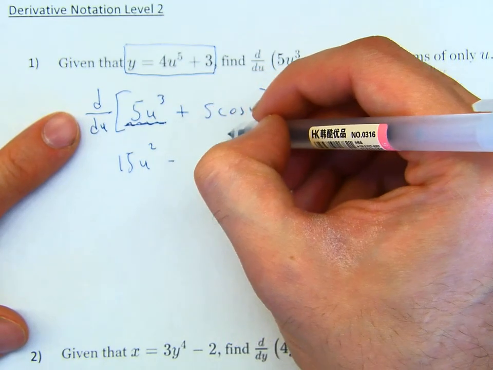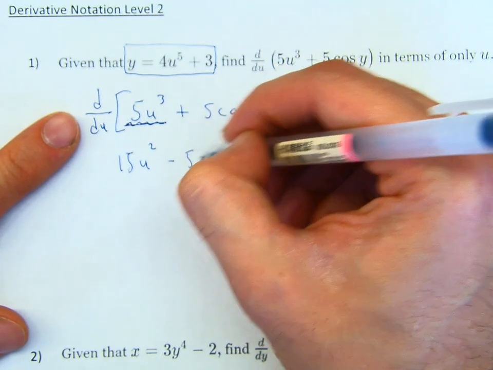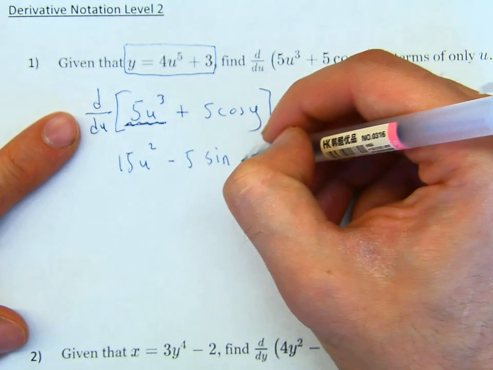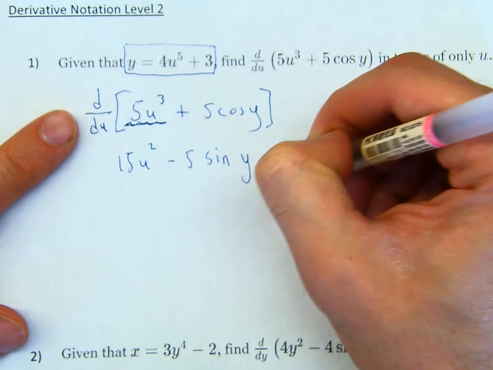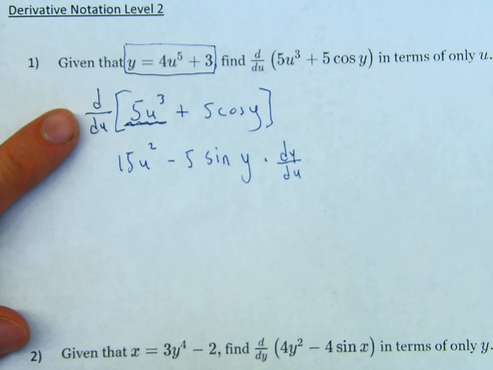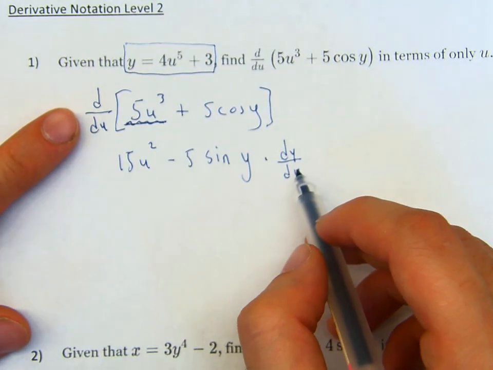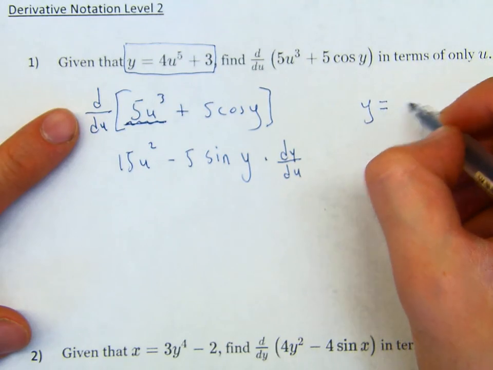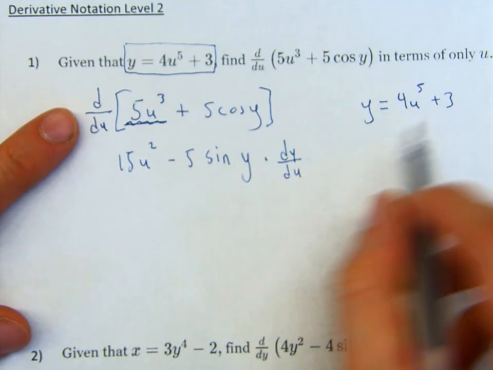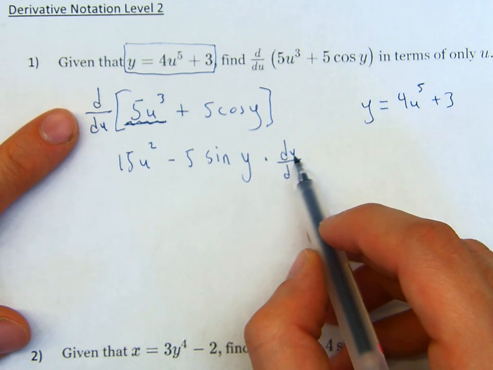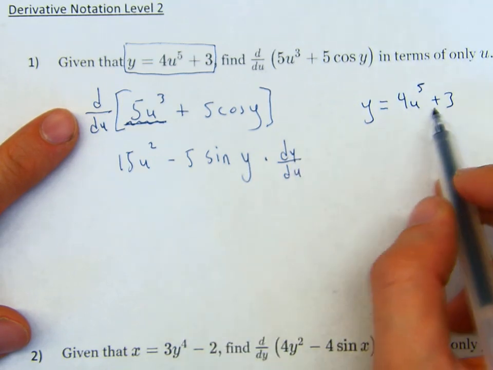This is minus 5 sine y times dy du. Okay? So now here, let's substitute. Do we know what y is equal to? y is equal to 4u to the 5th plus 3. So anywhere we see y, we could substitute this 4u to the 5th.